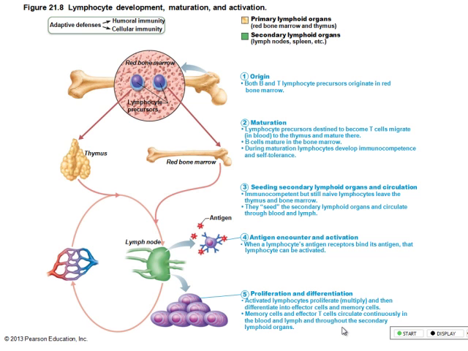And those plasma cells are going to make what? Who? Antibodies. Very good. Those are the guys that are going to make that specific antibody. Specific to what?